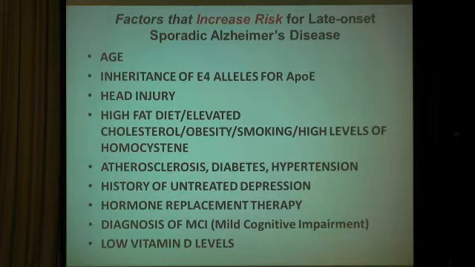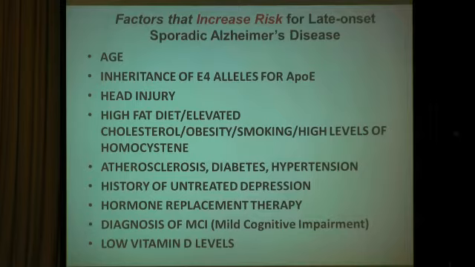Once this was determined, scientists sat back and said, whoa, the same risk factors for cardiac disease and a brain disease like Alzheimer's, what might that tell us about the pathophysiology of this disease and the etiology of it? What causes this disease?